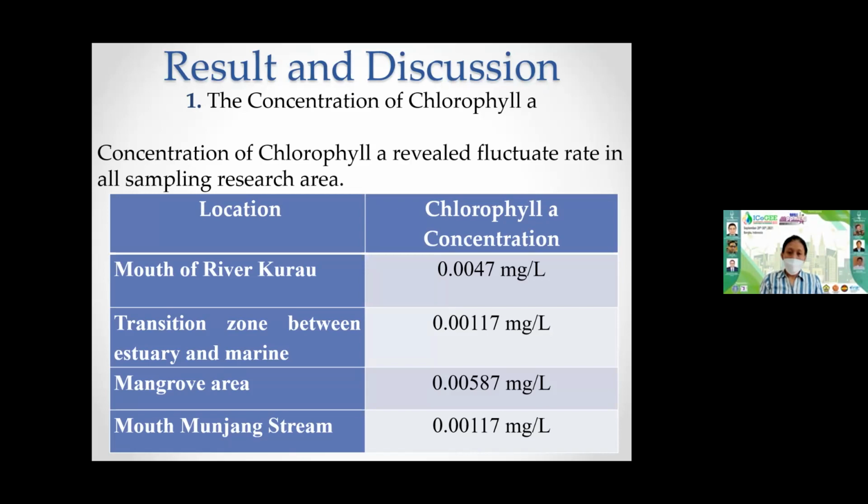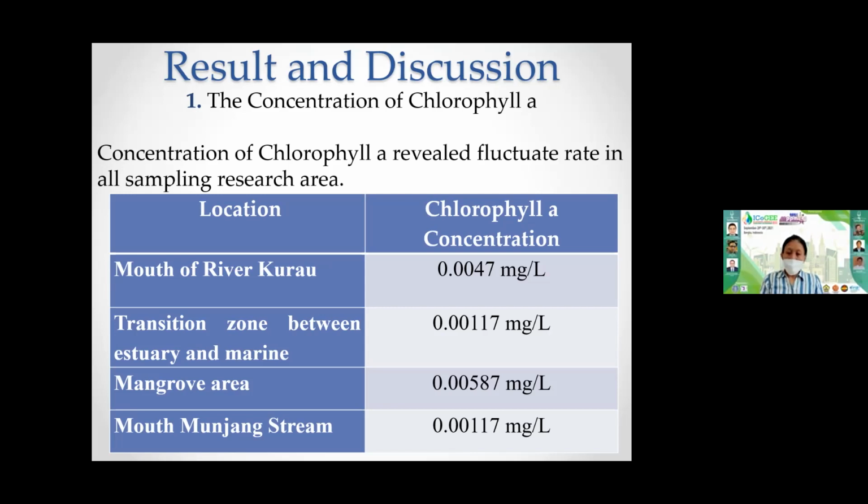The location at the mouth of Kurau River is about 0.0047 milligram per liter, and in the transition zone between estuary and marine is about 0.117 milligram per liter, and in the mangrove area is about 0.00587 milligram per liter.